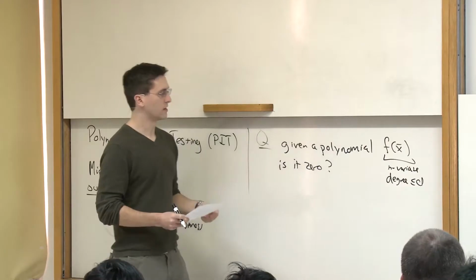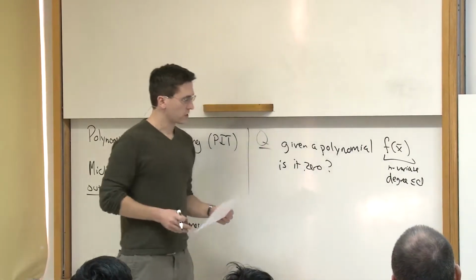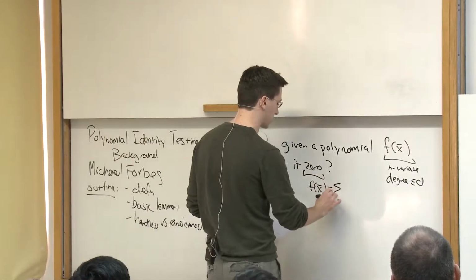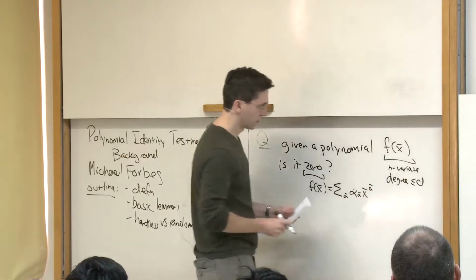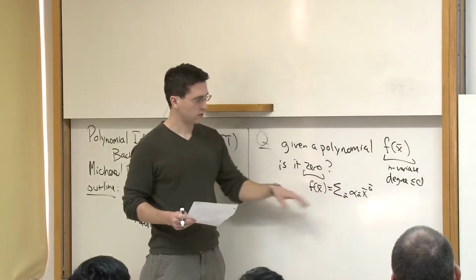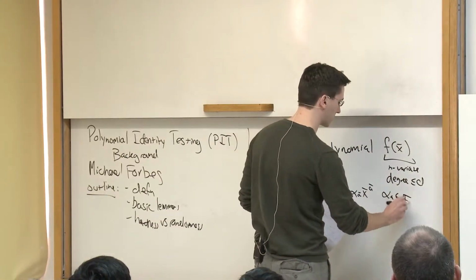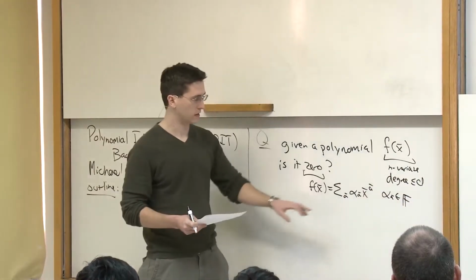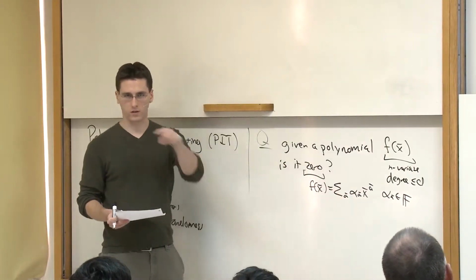Okay, you know what a polynomial is. What does it mean to be 0? Well, that's a bit of a subtle question. If you take a polynomial, you can expand it in terms of its coefficients. So I write my coefficients in the following way. There's going to be some field, and I'm going to denote it like this. Alpha sub a is a coefficient. It's going to come from your field. This thing here, x, is going to be a variable, so I write my vectors with a bar on top.